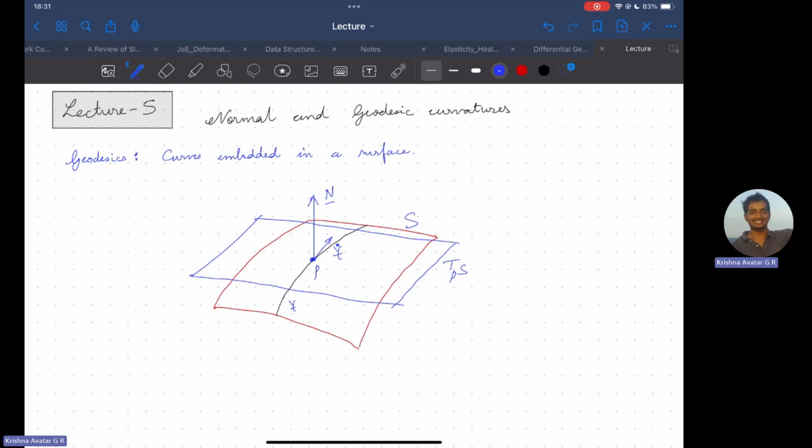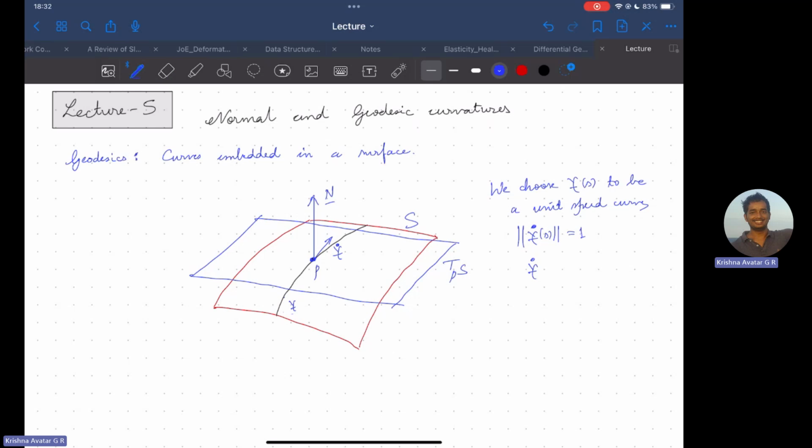And we choose gamma vector to be a unit speed curve. So here it so happens that the norm of gamma vector dot is 1.